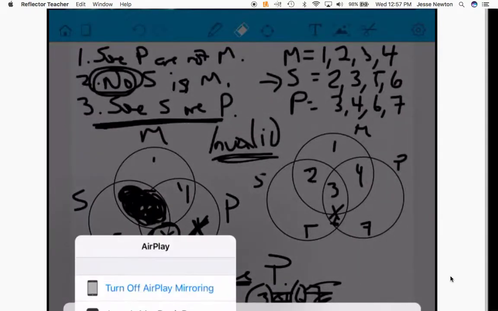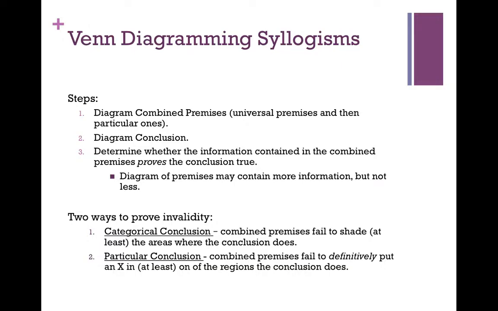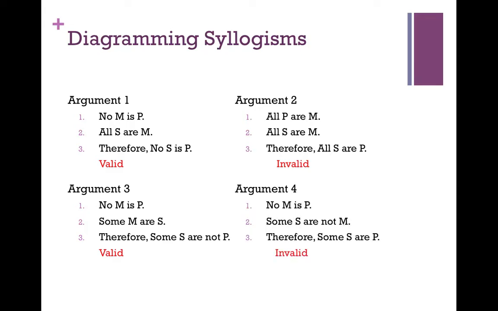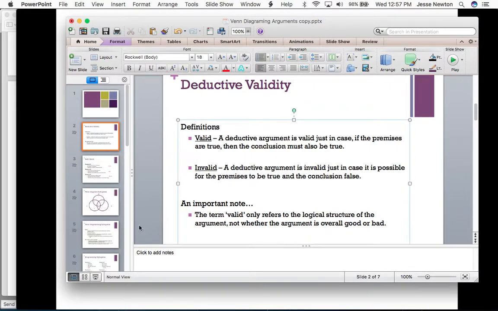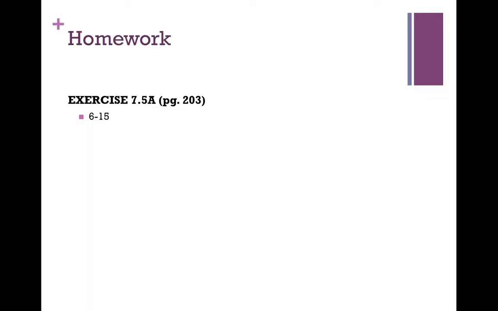Now, I want to give you guys your homework assignment. If I can get my slides to change here, we'll skip through this. These are some arguments we went through. Whoa. Went a little too quickly there. But here's your homework assignment.